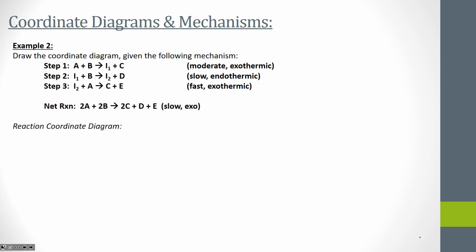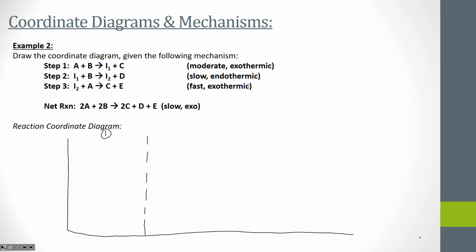So we're going to draw another coordinate diagram. These are just sketches. They don't have to be anything fancy, but I'm going to draw a set of axes. And I'm going to break it up because there's three steps here. So this is going to be step one, step two, and step three. What I'm going to do is look at all the information they gave me, and try to graph that out, represent it visually.